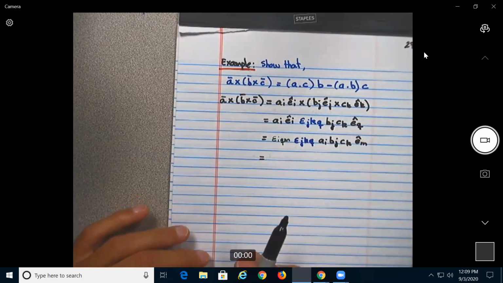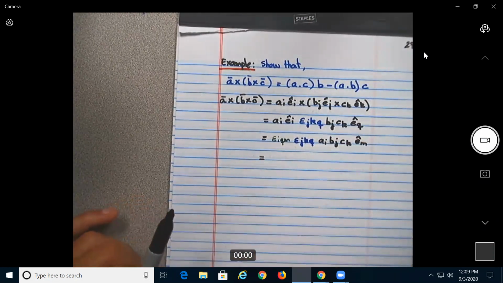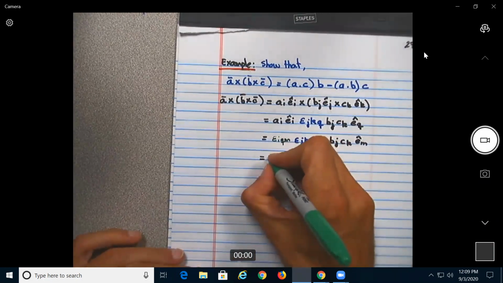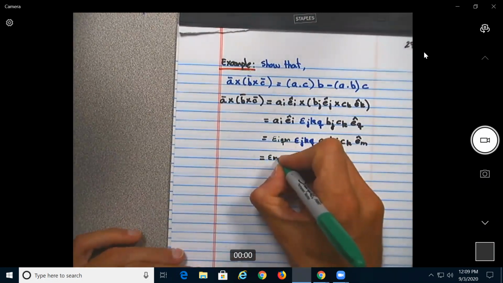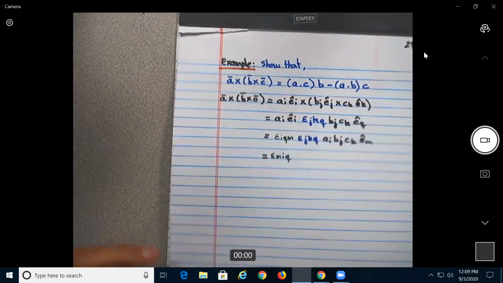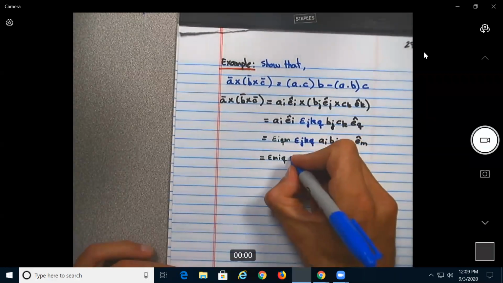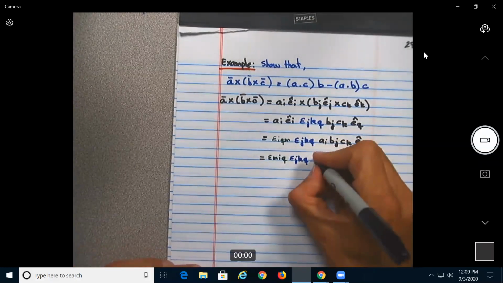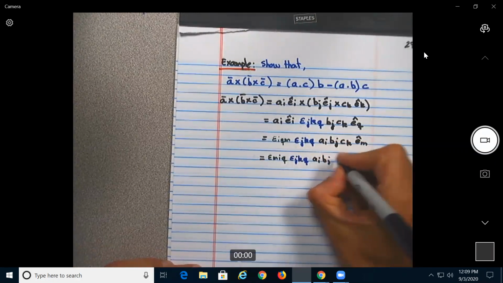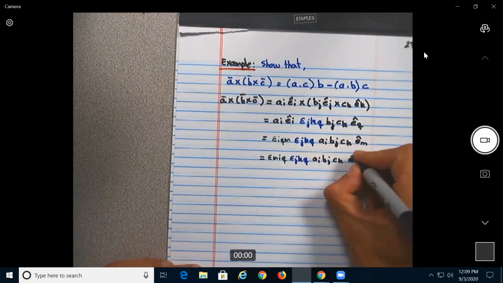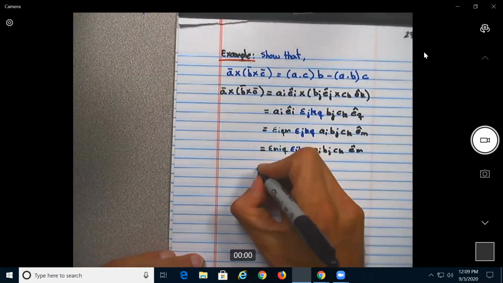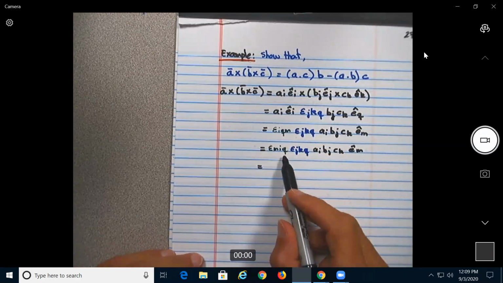So in this case, okay, we need to do the same thing. We need to move the q. So you want to move it at the end or the beginning. All right, let's do the same thing as before. So this will be epsilon_miq epsilon_jkq, A_i, B_j, C_k, e_m. It's exactly the same thing as before. So now this is equal to what? q is our dummy index. All right.